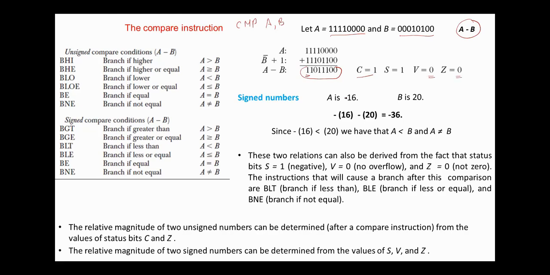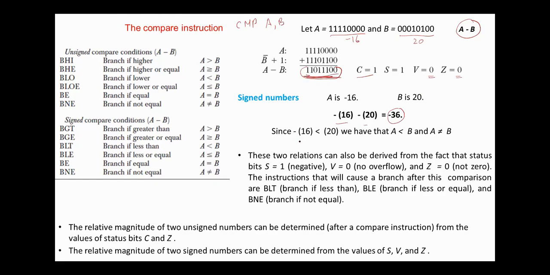But number A as a signed number is minus 16, and number B is 20. So our operation is minus 16 minus 20, which is minus 36 here.